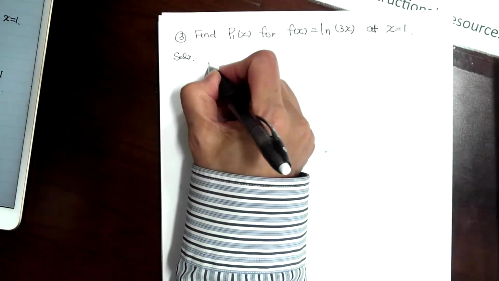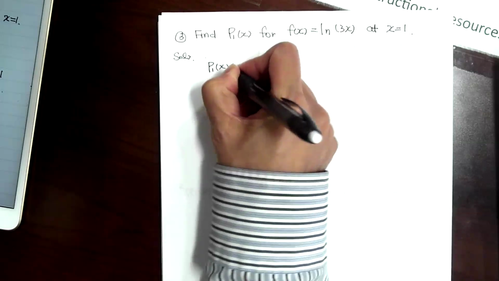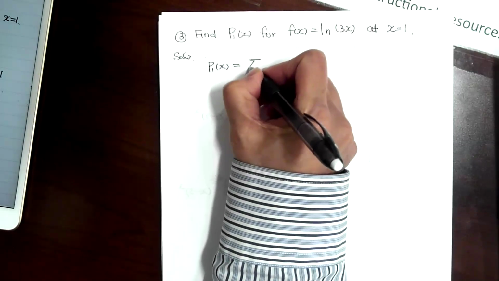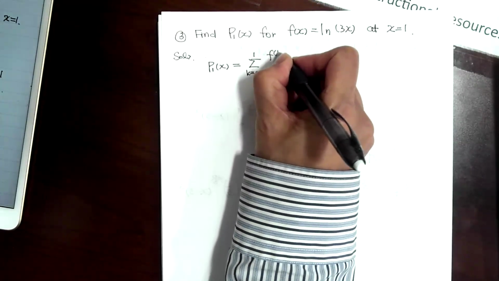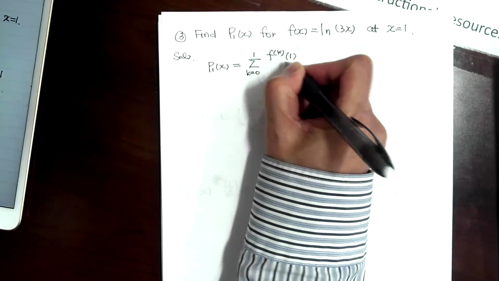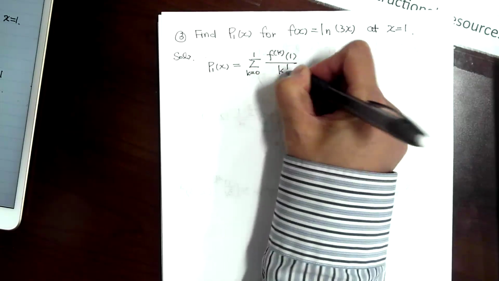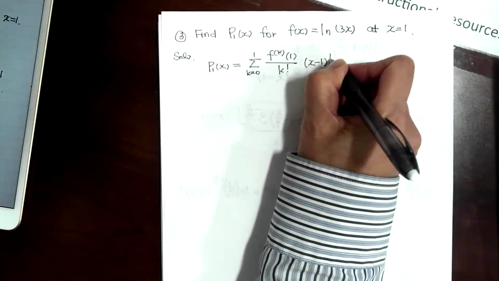By its definition, the first Taylor polynomial is the summation from k equals 0 to 1 of the kth derivative at 1 over k factorial times (x minus 1) to the k power.